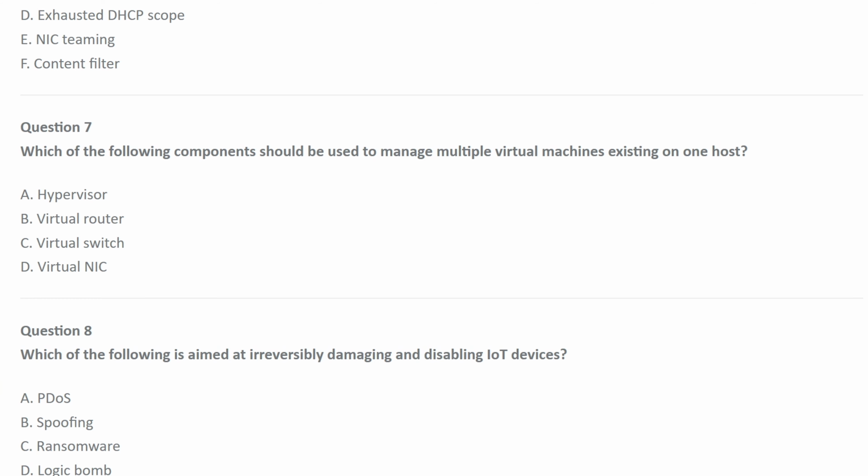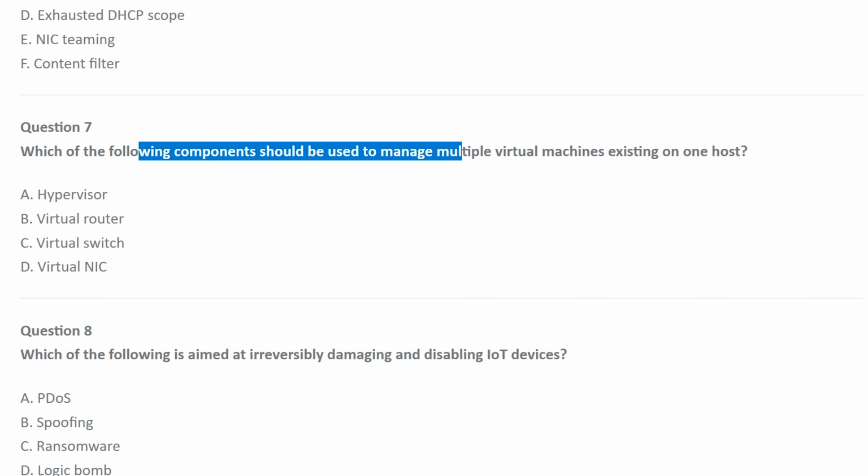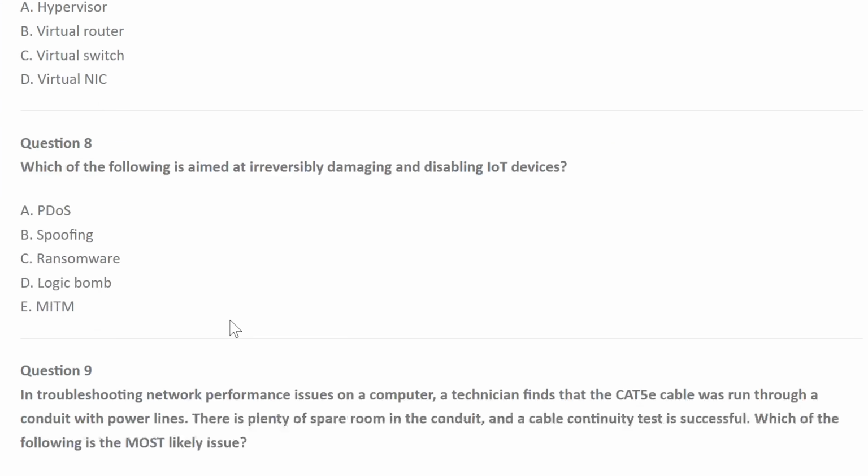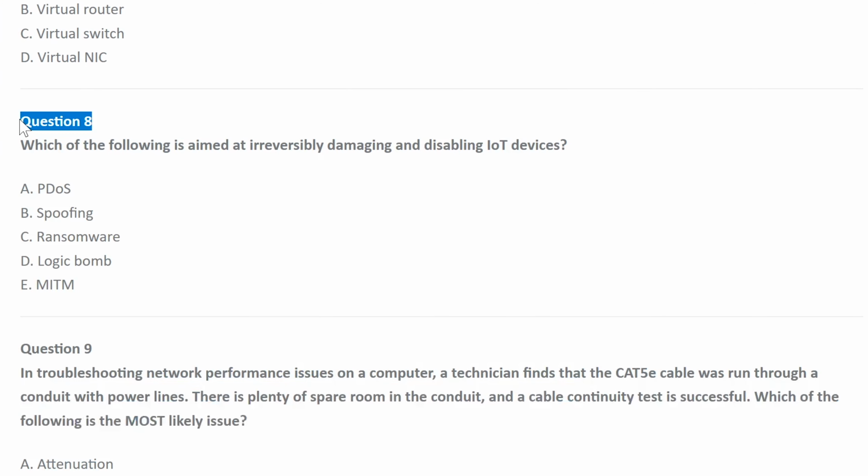So it's not something that you would have to pick per se. You just make sure that the hypervisor is running, you launch Hyper-V, and then you install your virtual machine. That's all there is to it. So the answer here is hypervisor. Make sure that's running so you can create these virtual machines. That's all.